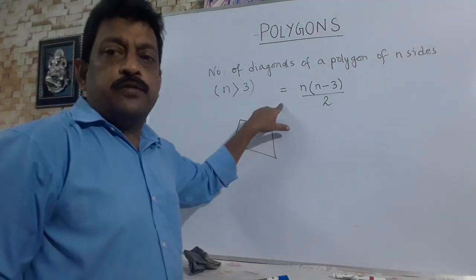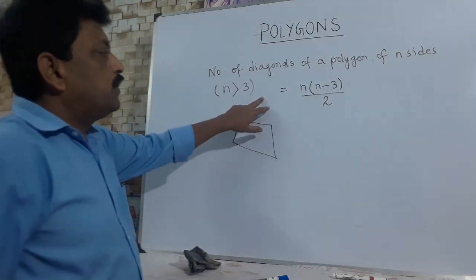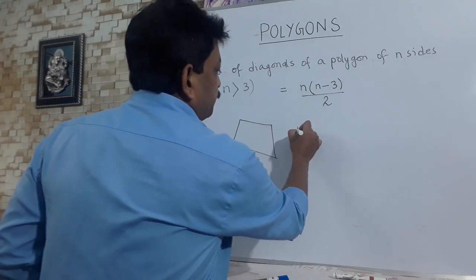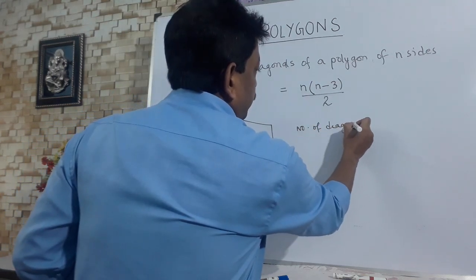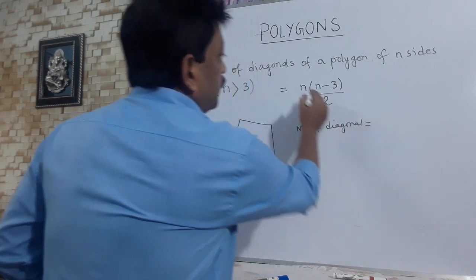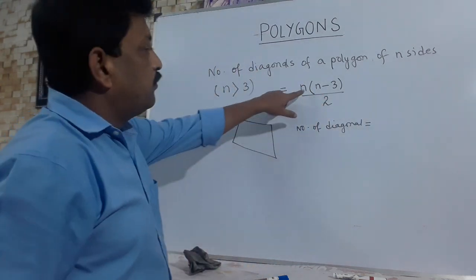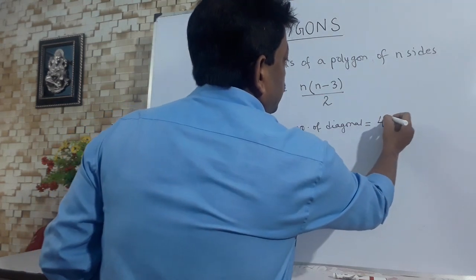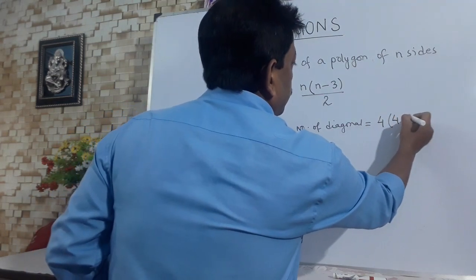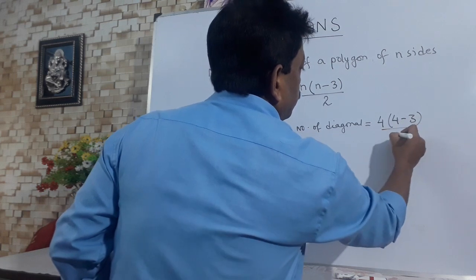Let us take a quadrilateral. A quadrilateral has 4 sides. So if we want to calculate the number of diagonals using the formula, then in place of n, we have to put 4. So n is replaced by 4. 4 into 4 minus 3 by 2.